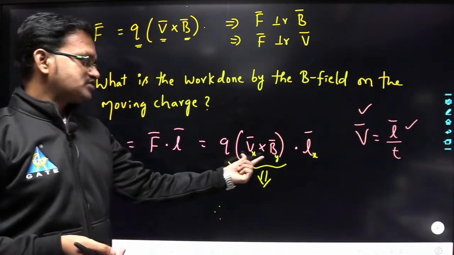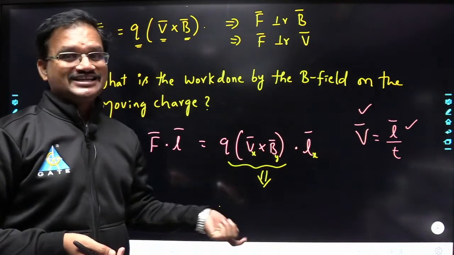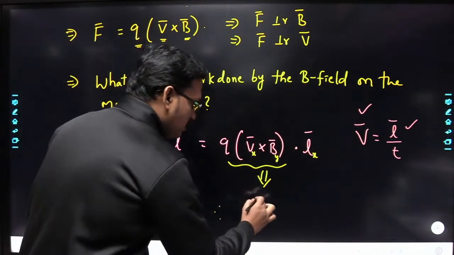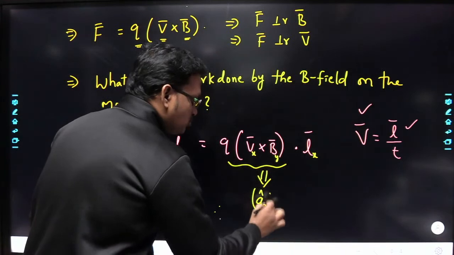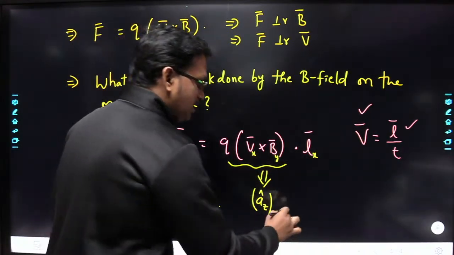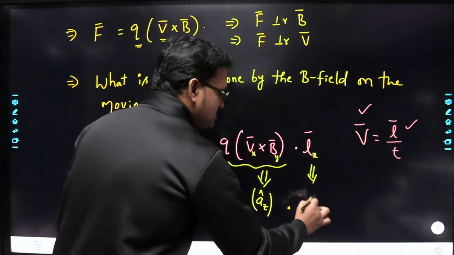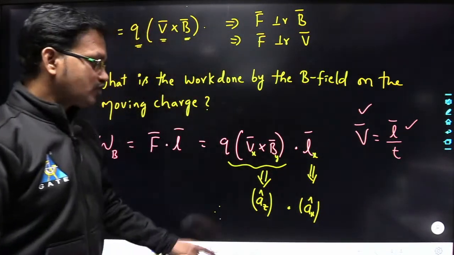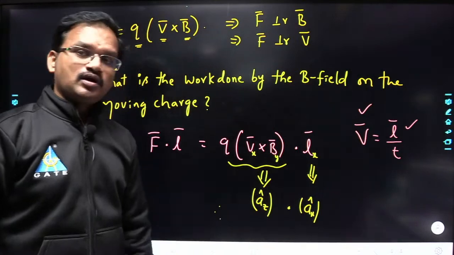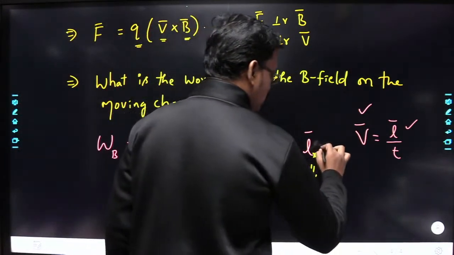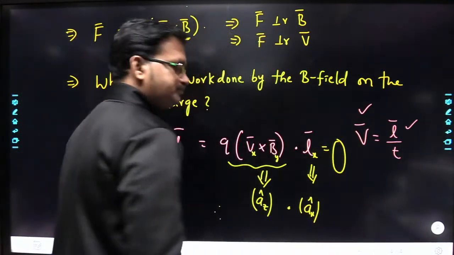So the resultant of this cross product is going to point in z direction, yes or no? And here you are doing the dot product, where the displacement is in x direction. So if you do the dot product between az cap dot ax cap, you are going to get 0.